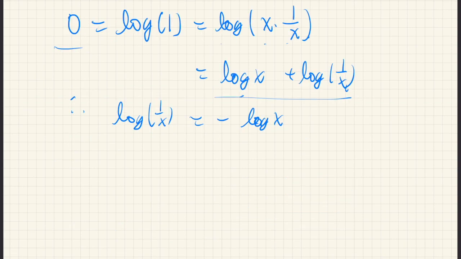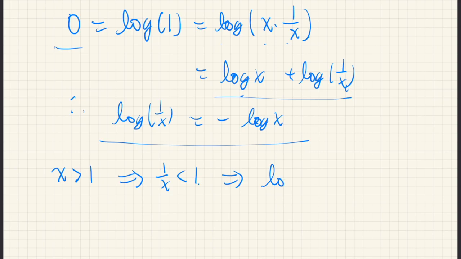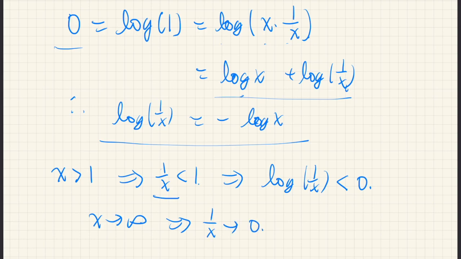Okay, so from this equality, we can see that if x is greater than 1, then 1 over x is less than 1. And because of that, log of 1 over x is less than 0. And if x goes to infinity, then 1 over x converges to 0.